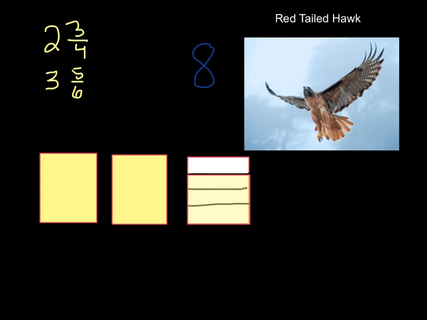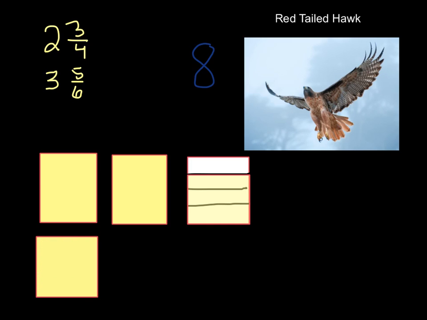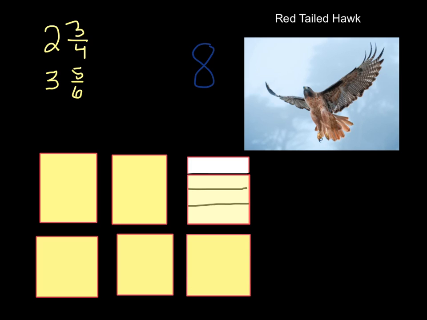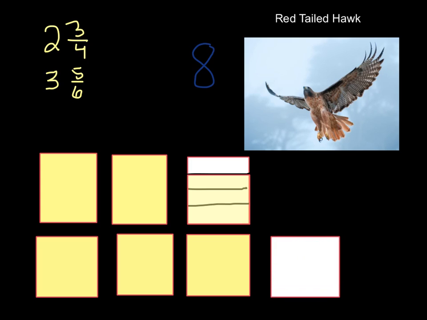And so now on the second loop, the bottom portion of this 8, he does 3 and 5/6. This time I'm going to draw 3 full ones. So 1, and they're about the same size. They don't have to be perfect. And 2, and 3 wholes, right? And then he does another one that is 5/6. So this one is not all the way.